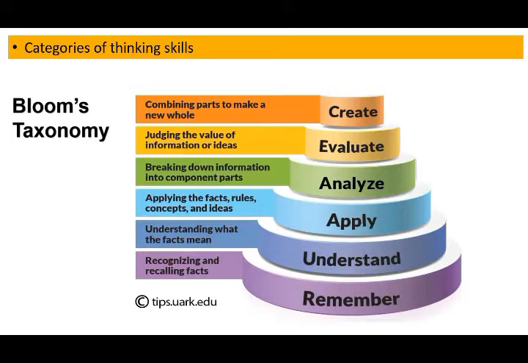Analyze, break down information into components, parts. Then evaluate. Evaluate means judge the value of information or ideas. And the last skill, or the top skill in Bloom's taxonomy, is combining parts to make a new whole, to make something new. So this is Bloom's taxonomy and the order of the skills in it.